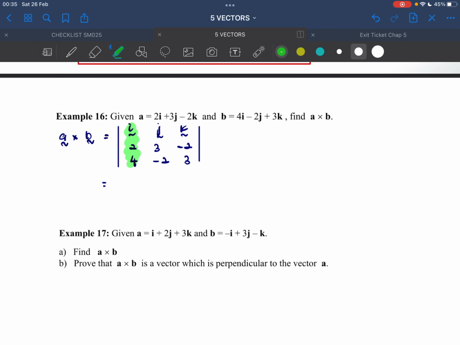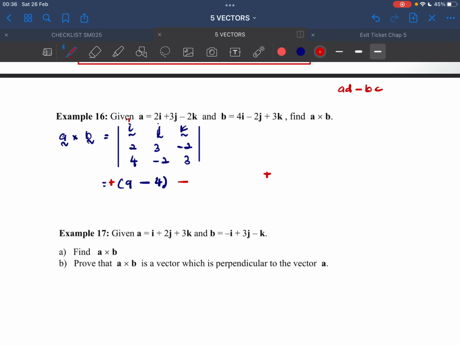We are going to take 3 times 3, which is 9, minus negative 2 times negative 2, which is plus 4, so minus 4. Remember the formula is AD minus BC. Start with positive. Positive minus positive.